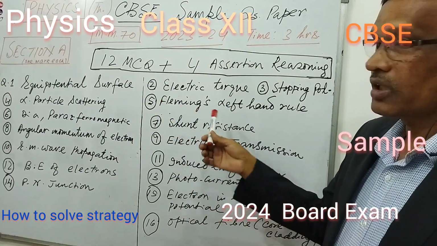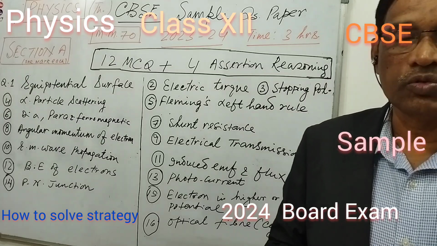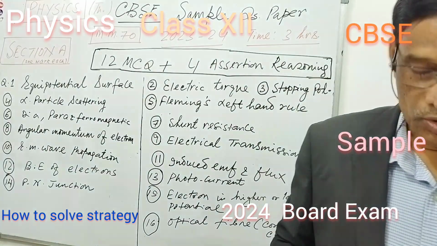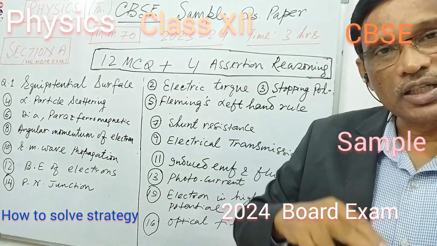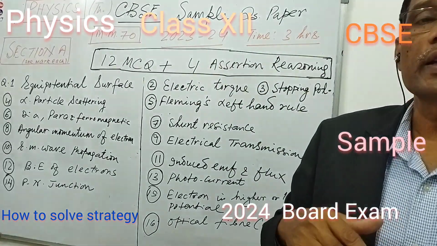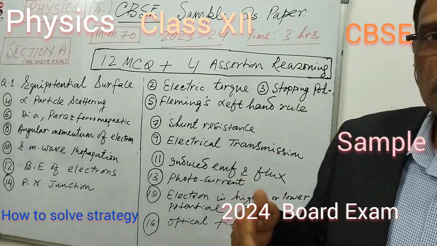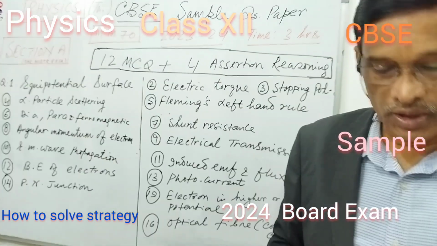The fifth question is asking on Fleming's left hand rule, the force acting on a moving charge. The electron's movement is given, the magnetic field in a particular direction is given, and the question asks which direction the force would be acting.